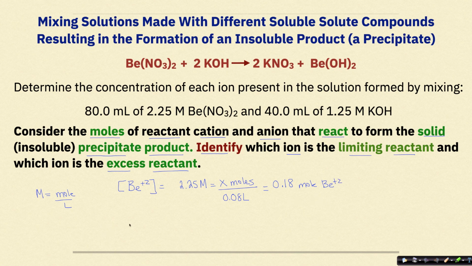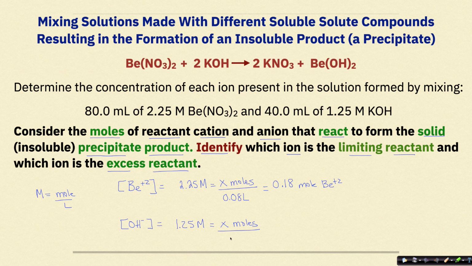Now, I need to do the exact same thing for the hydroxide because that is the other ion involved in my insoluble product. So I'm going to take the molarity associated with the hydroxide, which is 1.25 molar. Again, I'm going to solve for moles, just like what I did with my other one.